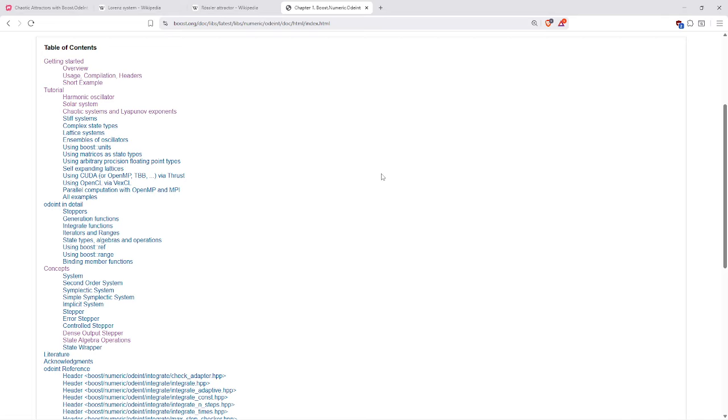A stiff system has additional work that has to happen in order to integrate it numerically without error.